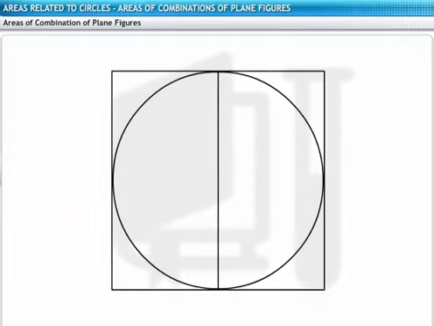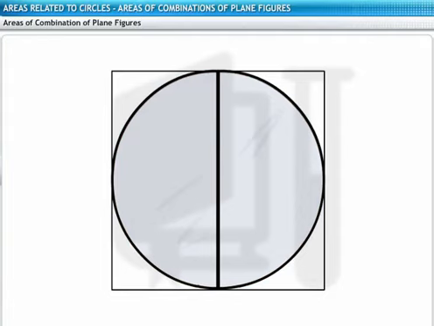Now, they want to order the glass for the door. For this, they have to calculate the area of the glass required. You can observe that the glass portions of the door are semicircular in shape. Therefore, the area of the semicircle is the area of the glass. The diameter of the semicircle is the height of the door, which is equal to 2 meters.